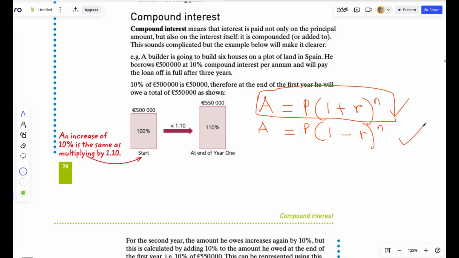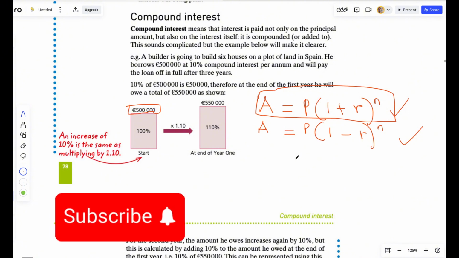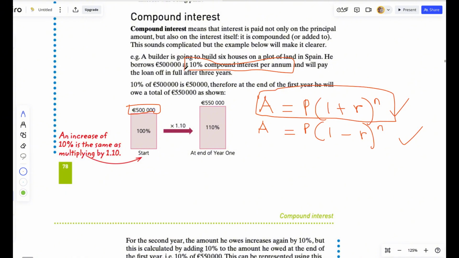For compound interest, let's say you borrow $500,000 or £500,000 or 500,000 euro, irrespective of the currency, and they're giving you 10% compound interest, 10% per annum. That's the rate. If you want to know what you get the next year, you add this 10% to 100%.